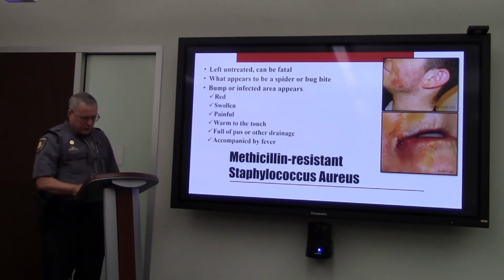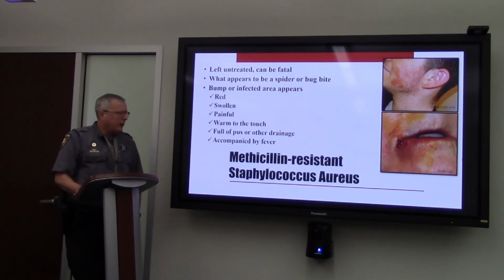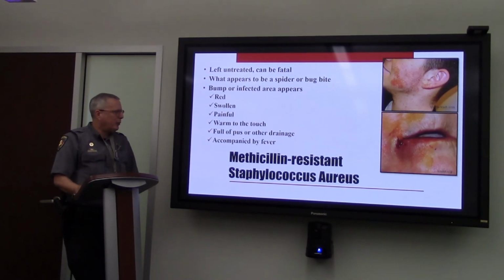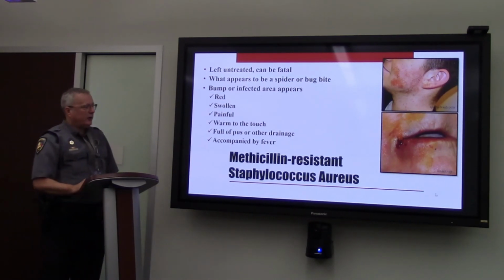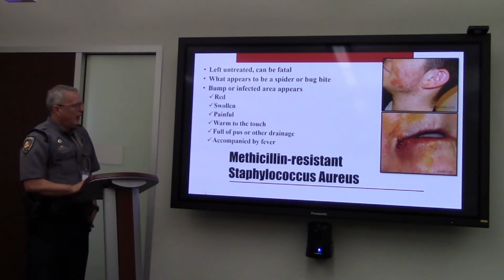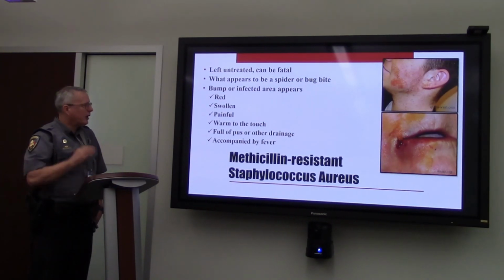They can be difficult to treat. Sometimes they're treated with IV antibiotics, which come with their own issues because the antibiotics have a lot of side effects. And sometimes they're treated surgically, almost like a burn, where the affected tissue is excised and then the area is debrided. Either way, they can be difficult to get rid of.